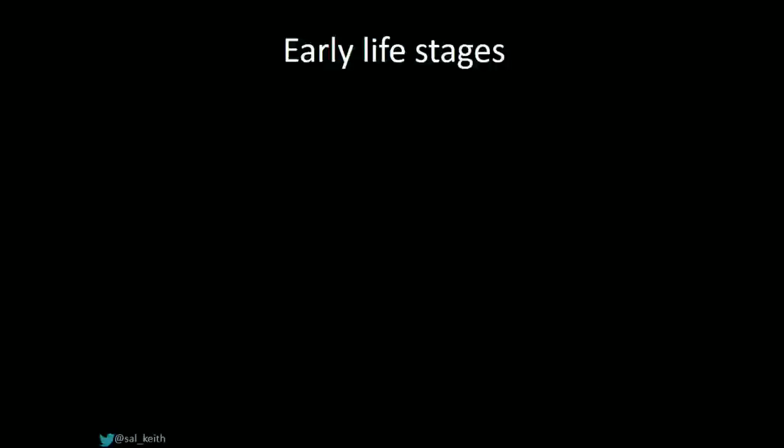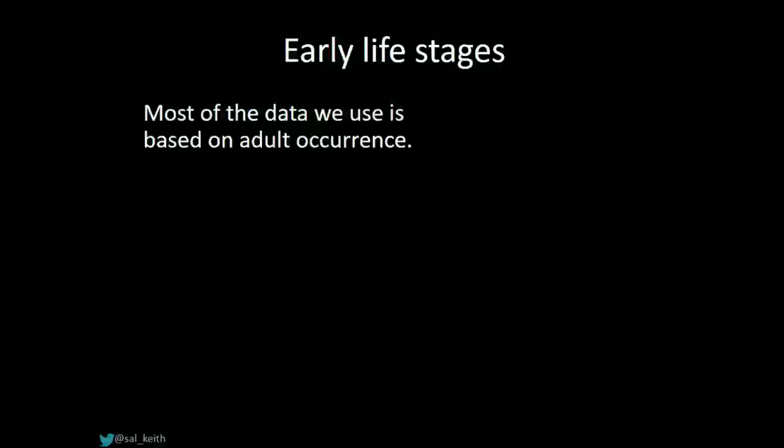If we're doing that, we really need to think about these early life stages. Dispersal and reproduction are happening really early on. And I think maybe we've got a bit of a problem, because most macroecological data we use is based on adult occurrence. Anything we're downloading from GBIF, when we're using these kinds of large-scale data sources, we need to be aware of this fact, and think about whether that's important for the taxa we're looking at.